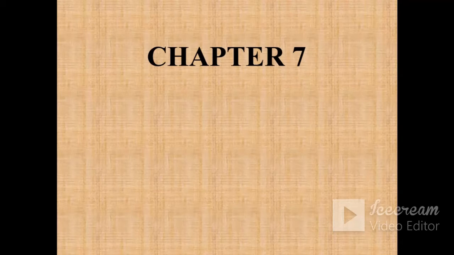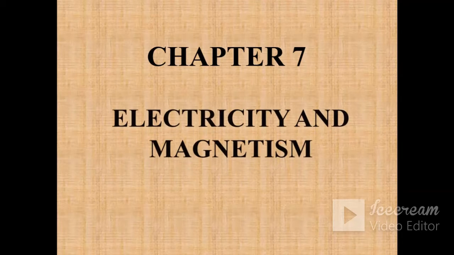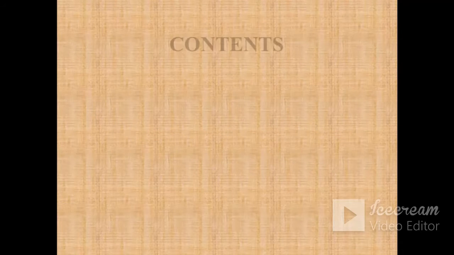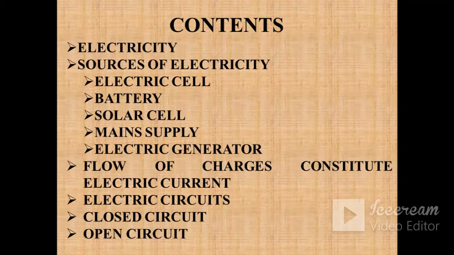So we have started this chapter, and already in the two videos I have discussed the following contents: electricity, the various sources of electricity like electric cell, battery, solar cell, main supply, electric generator. Then how flow of charges constitute electric current.